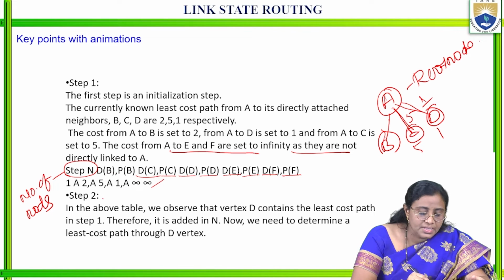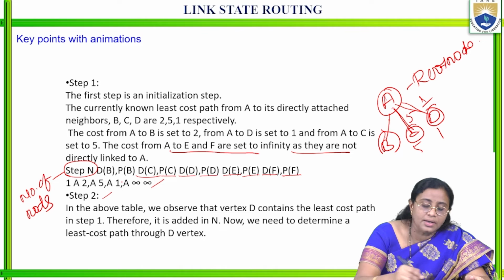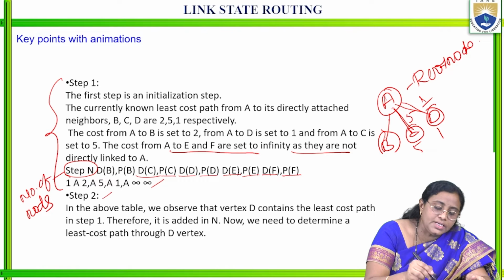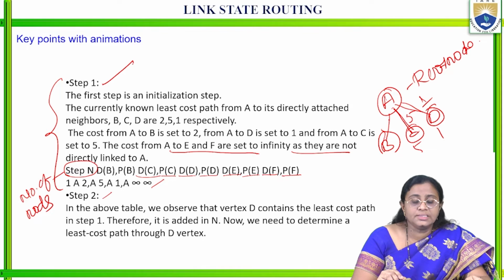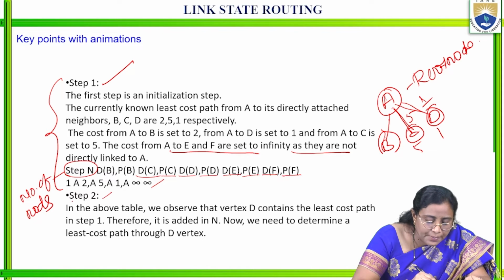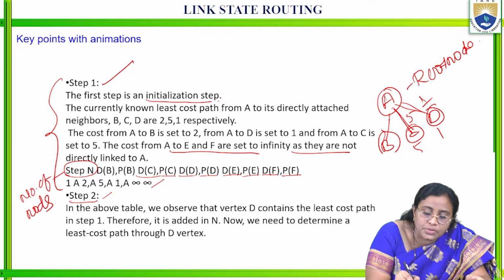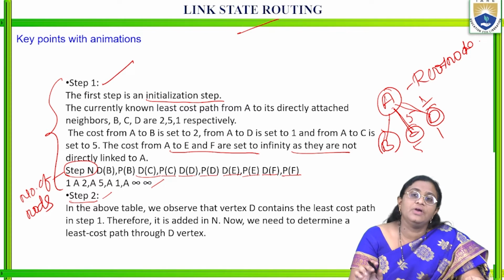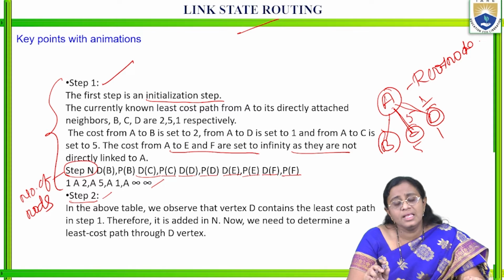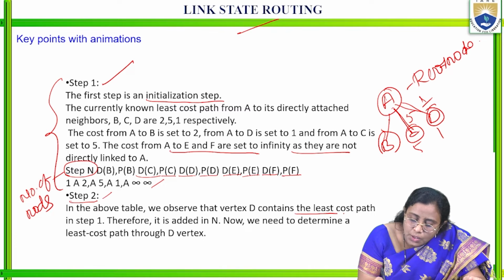Coming to step 2. This is all I have explained for the initialization under step 1. Now coming to step 2 of the initialization process of the link state routing algorithm. In the above table, we observe that vertex D contains the least cost path out of many nodes.